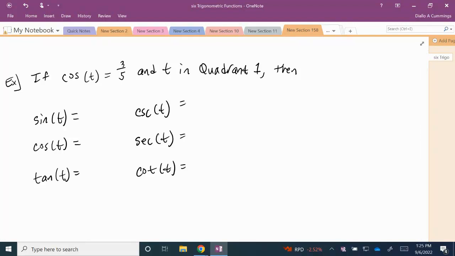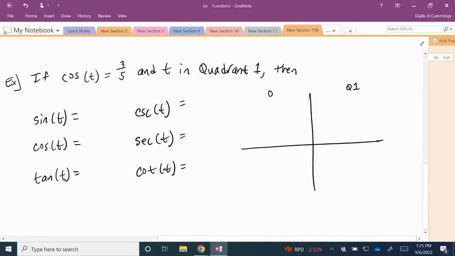Now, you'll remember from our quadrants, this is quadrant 1, quadrant 2, quadrant 3, and quadrant number 4. So all of our angles are in standard position.